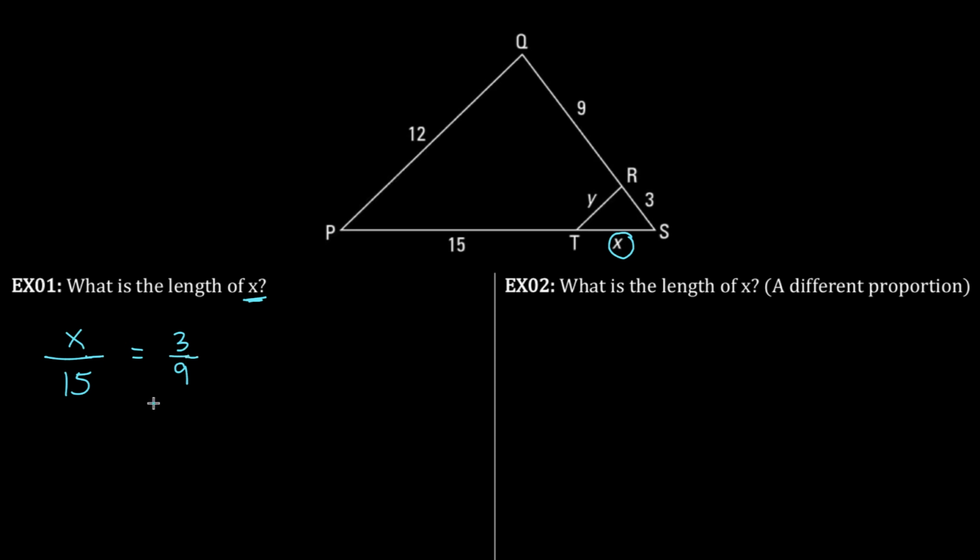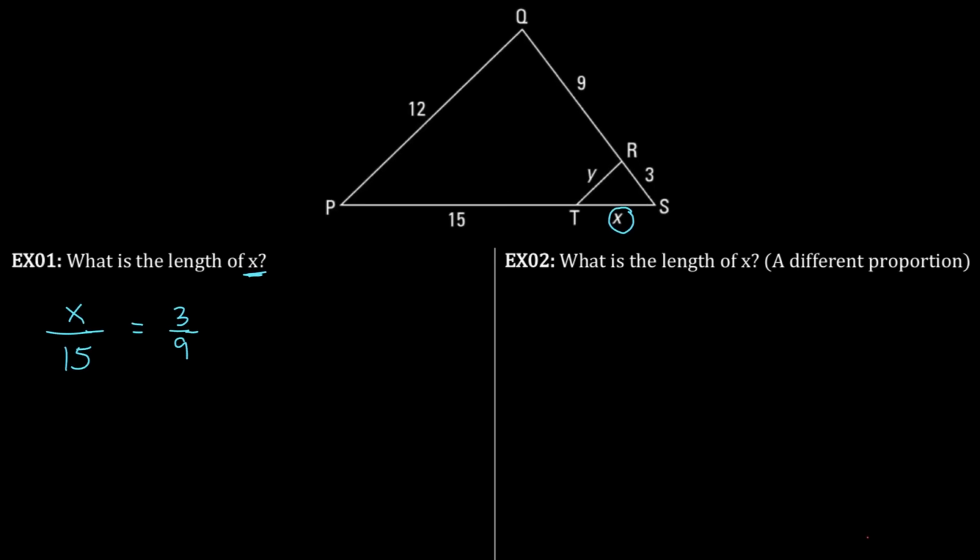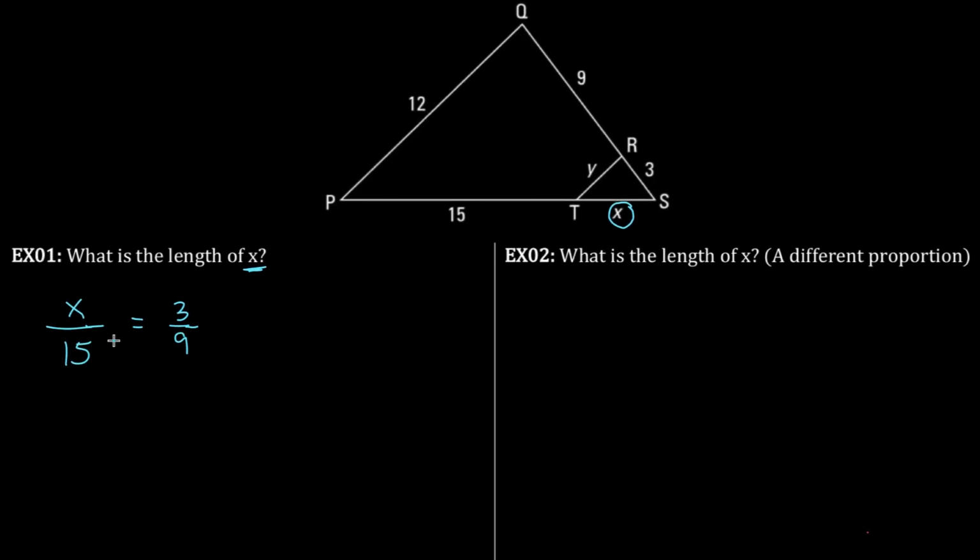There's a couple different ways you can do this. Some people cross multiply, but I'm going to do it one step at a time. I'm going to multiply both sides by 15, so that these go away and I end up with x.